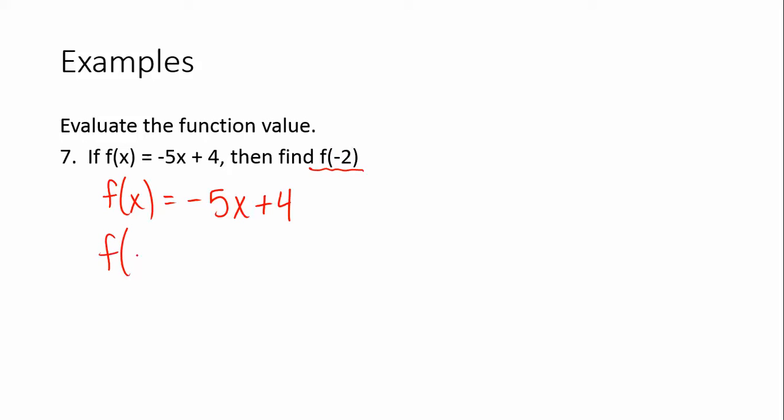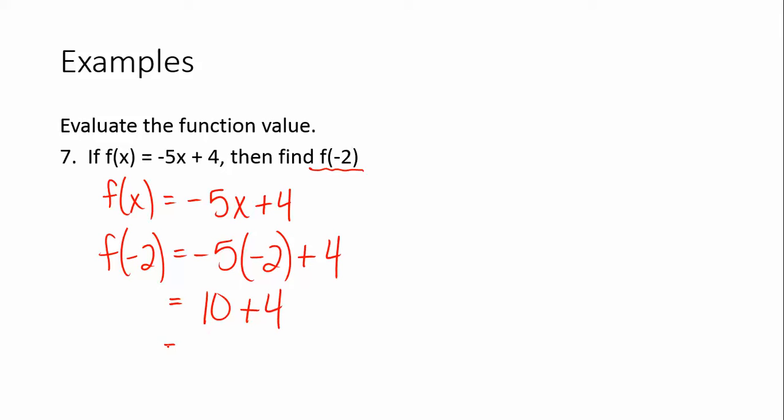So to find f of -2, I'm going to plug a -2 in for x and then solve the expression. So -5 times -2 is 10. We're going to add 4 to get 14. So the function value at -2, our input is -2, our output would be 14.